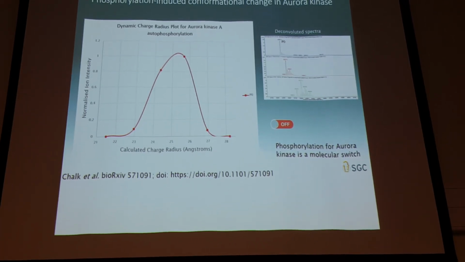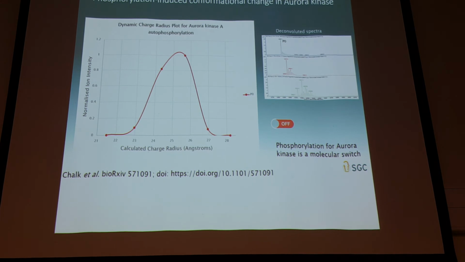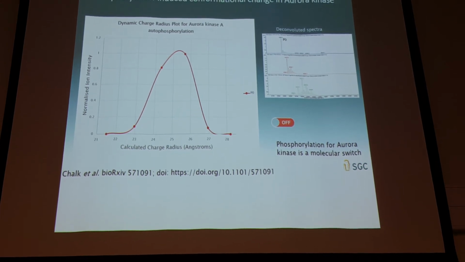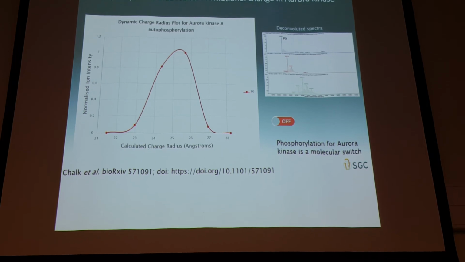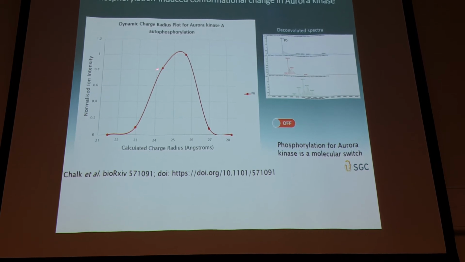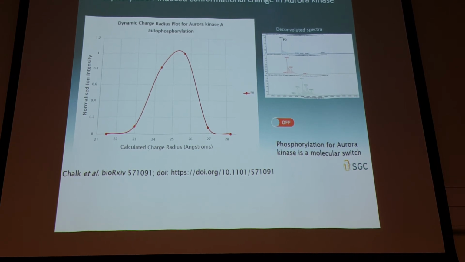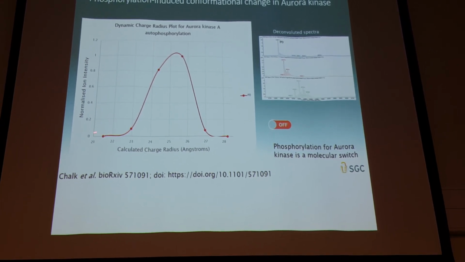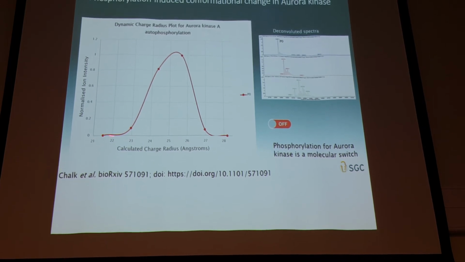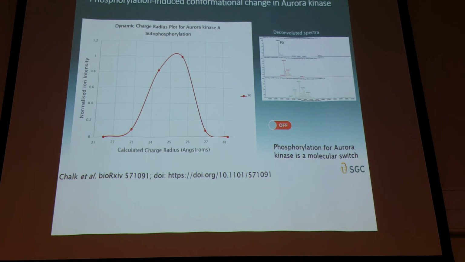So what we're doing here is using this expression of the relationship between charge and surface area to calculate the radius, and then for each charge value, this is the intensity of the NZ species. Effectively, this is charge. So this is effectively the inverse plot of the MZ spectrum, and you recalculate it into angstroms.